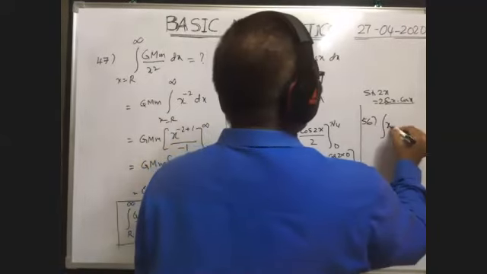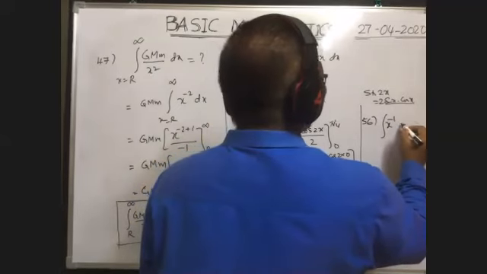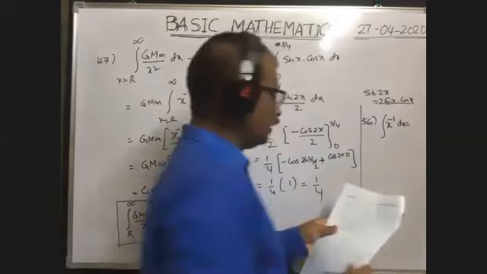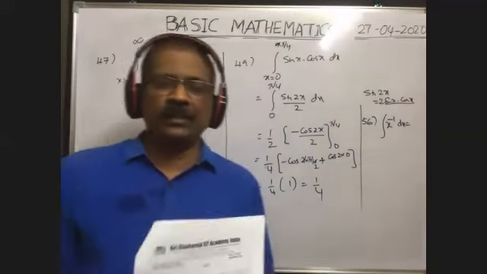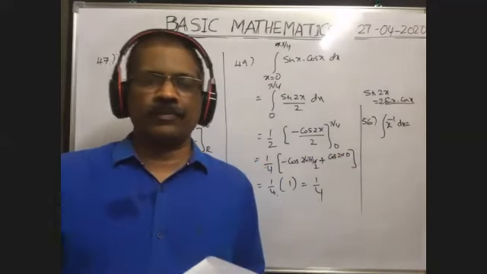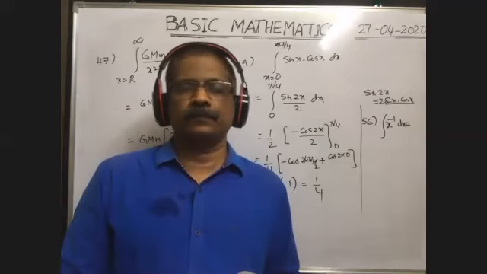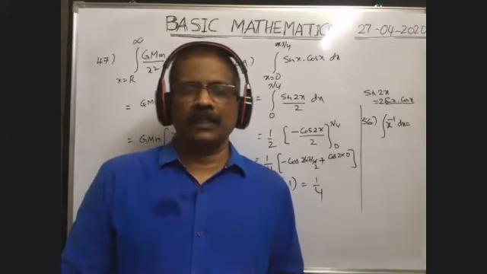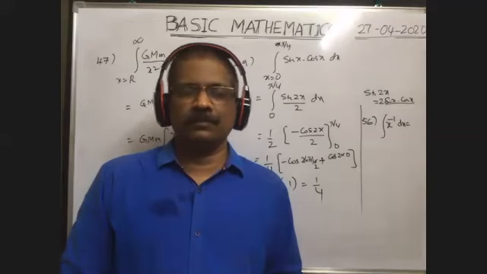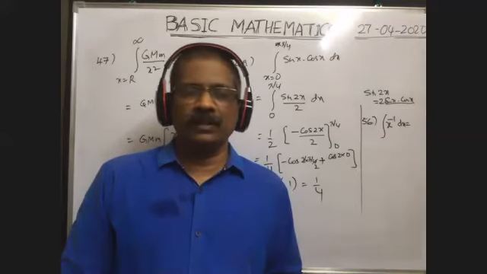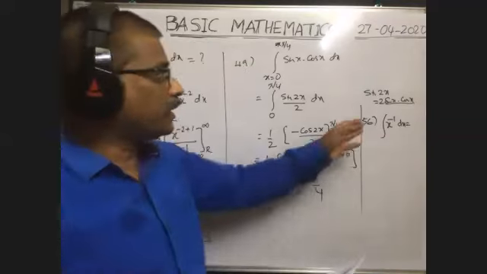What about integral of x to the power of minus 1 dx? Integral of x to the power of minus 1 dx is how much? You will get some indefinite form. But this can be written like this, no?